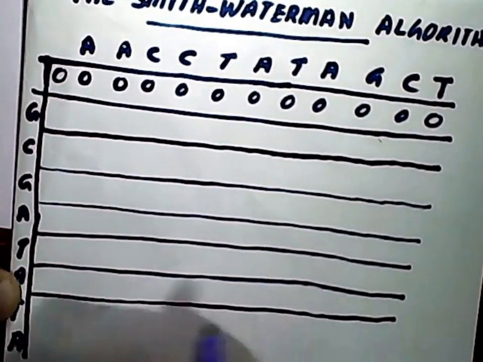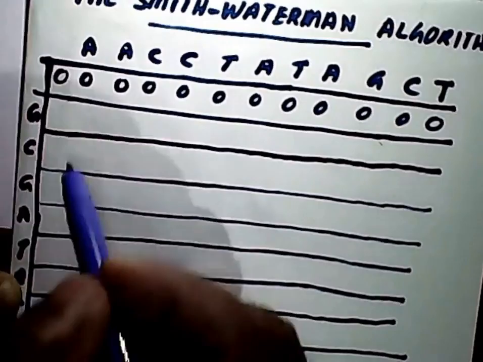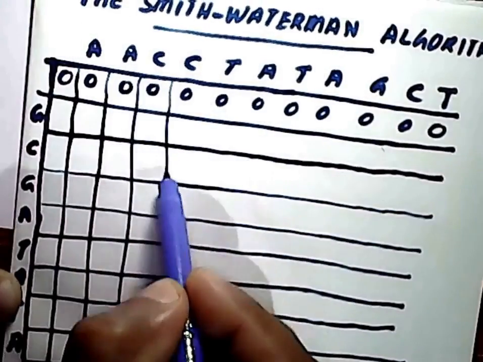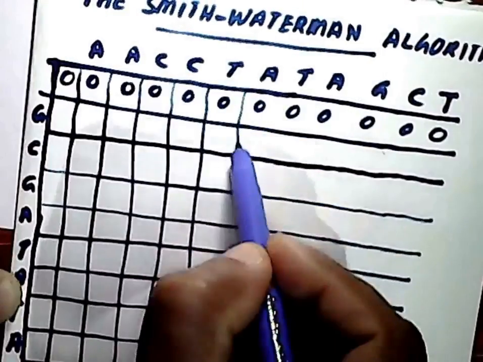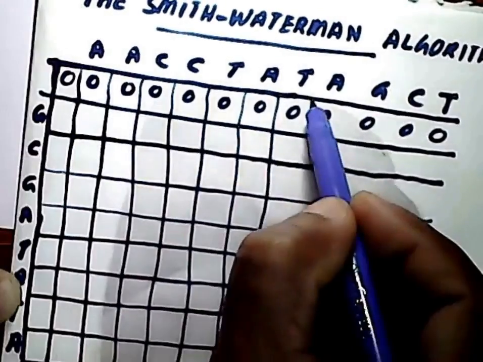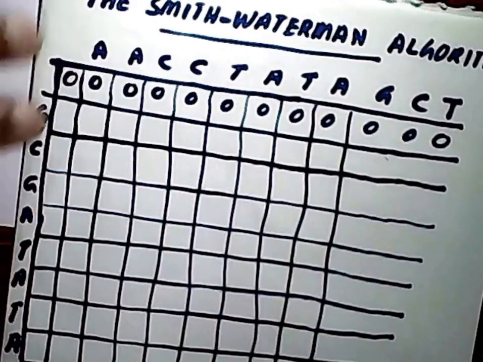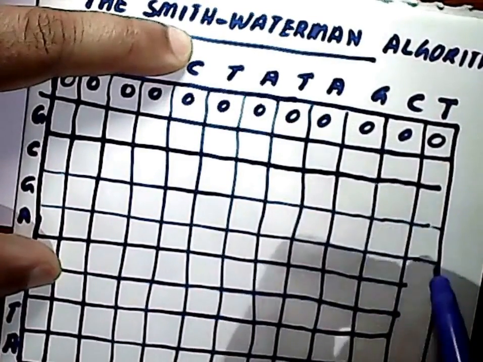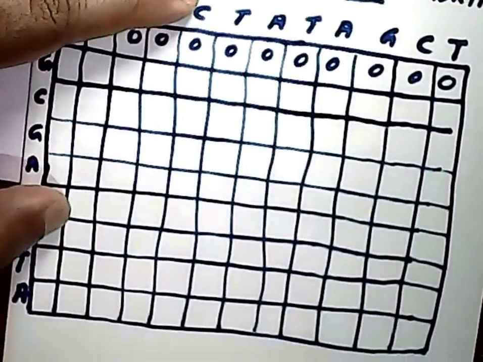We are using the Smith-Waterman algorithm for the local alignment of these two sequences. Gap penalty value is -1, match bonus score is +1, and mismatch score is -1.